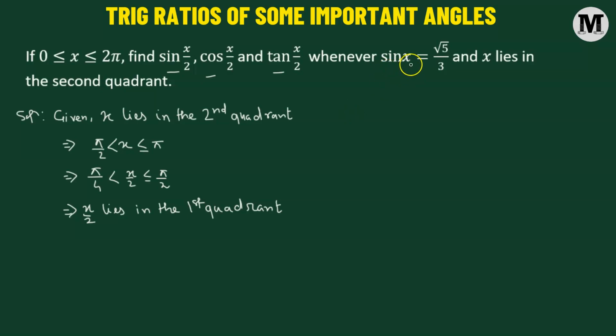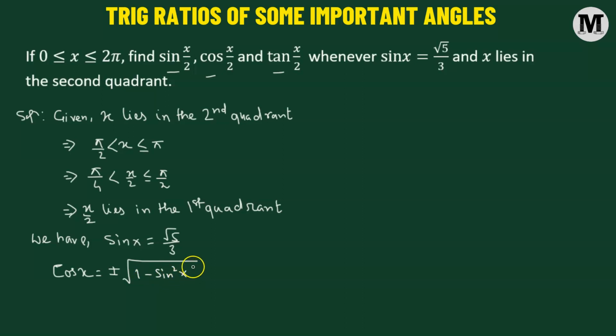So here we are given the value of sine x. So let's use this. Sine x equals square root of 5 over 3. Now to find out the value of cosine of angle x, all we need is to take the plus or minus square root of 1 minus sine squared x.